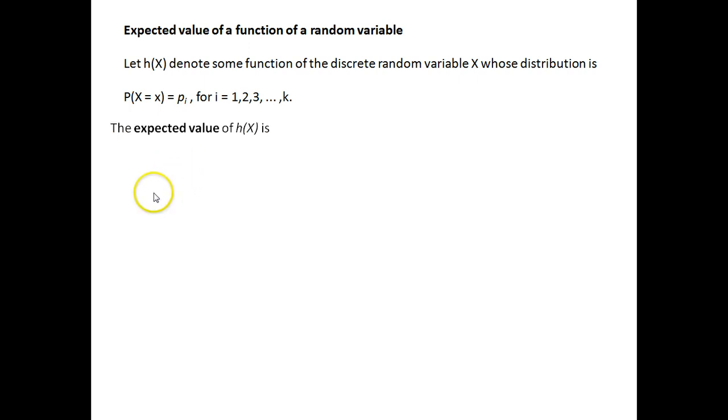So if h(x) denotes some function of the discrete random variable x, whose distribution has the relative probability for each x, then the expected value of h(x), of a function now, is the sum of h of each value of x times its relative probability.